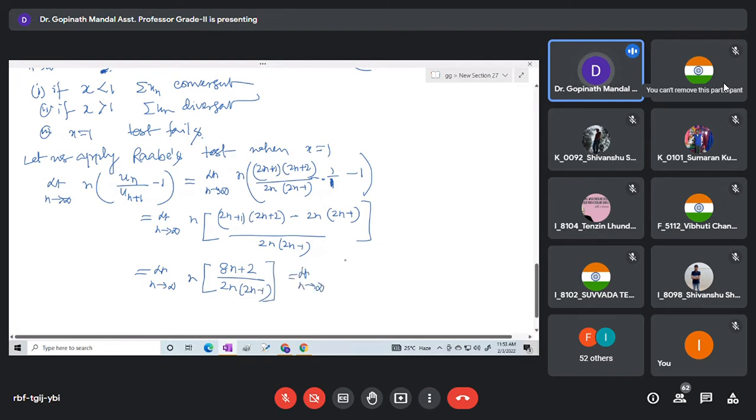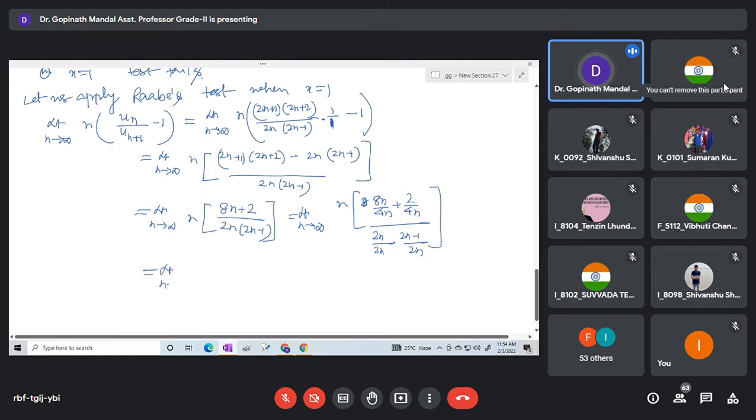So divide by 4n, that means this will be 8n by 4n plus 2 by 4n, and 2n by 4n, divide 2n into 2n minus 1 by 2n.